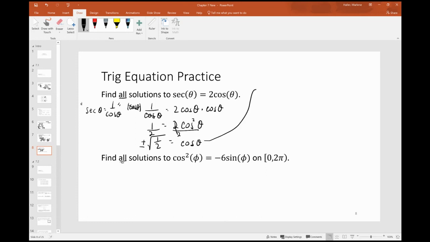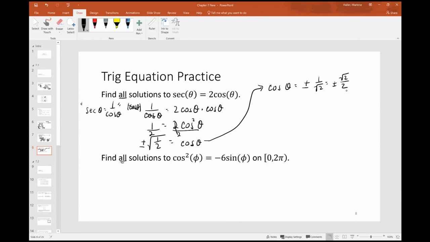Okay, and I can write that a little bit better. I can say the cosine of theta is equal to either positive or negative 1 over the square root of 2, since the square root of 1 is just 1. And if I rationalize that denominator, it's going to be positive or negative square root 2 over 2.